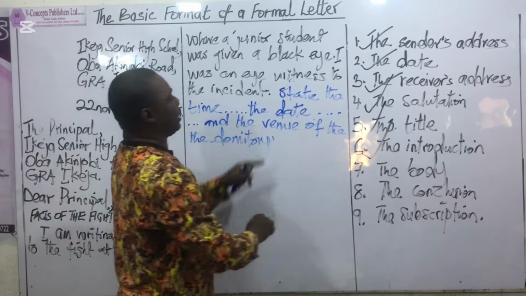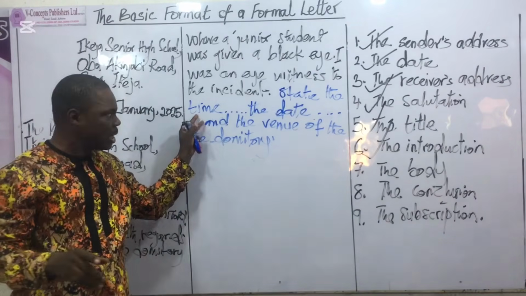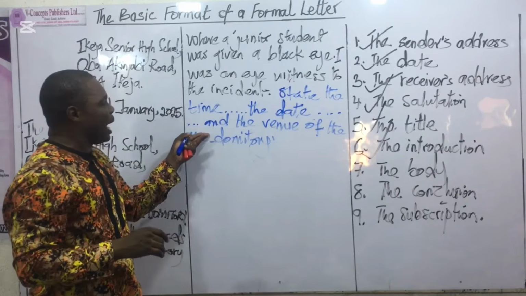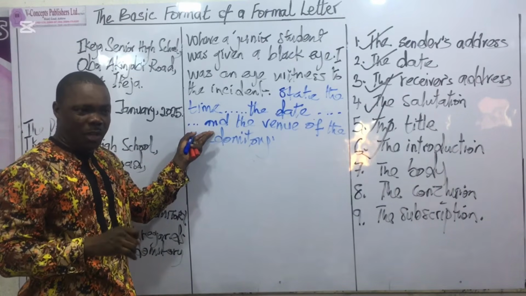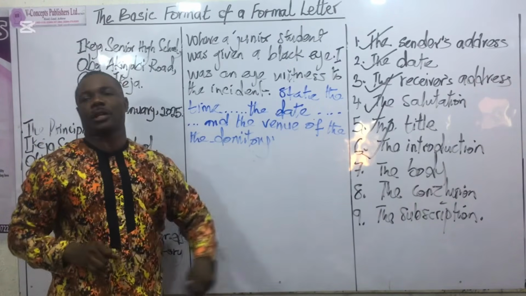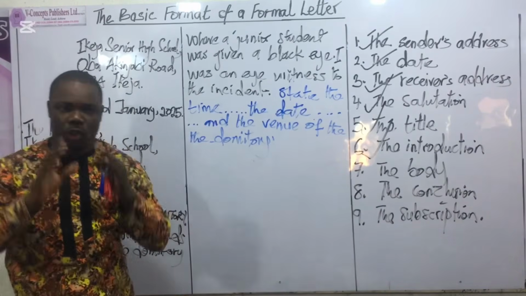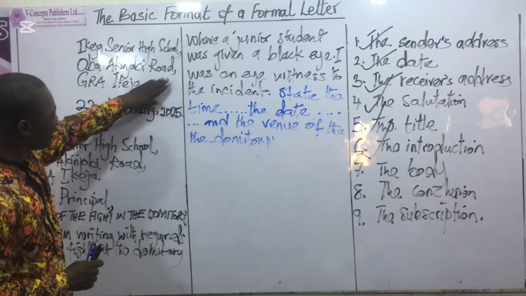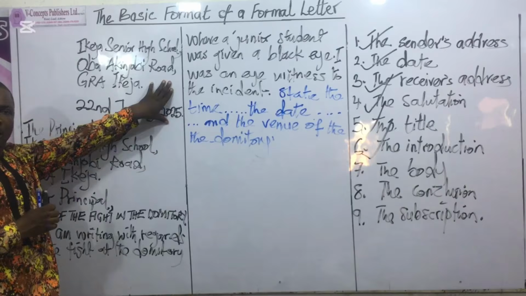Then you go ahead and state the time the incident took place, the date the incident took place, as well as the place or the venue the incident took place, or where the dormitory is located. Alright?